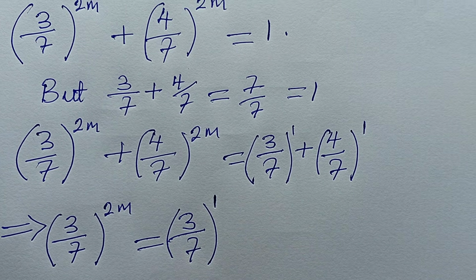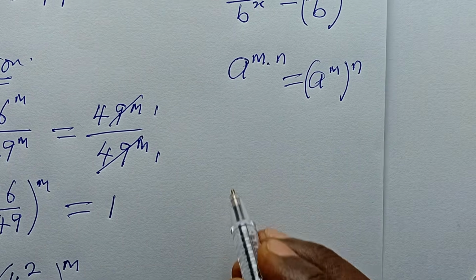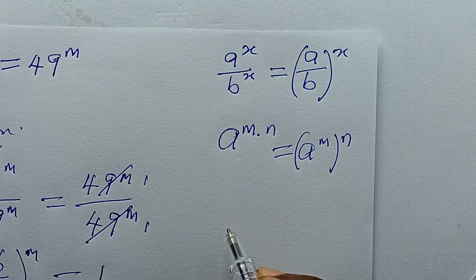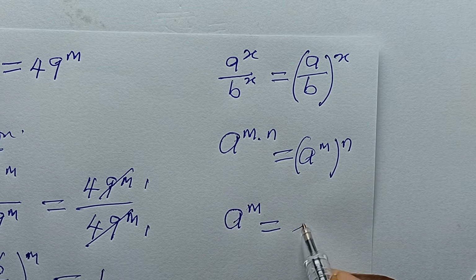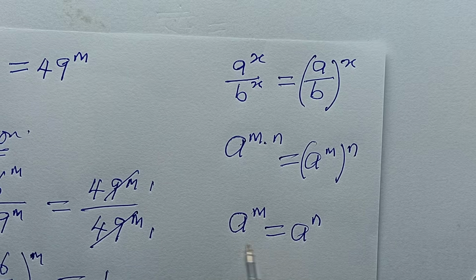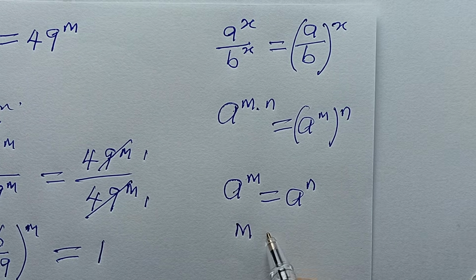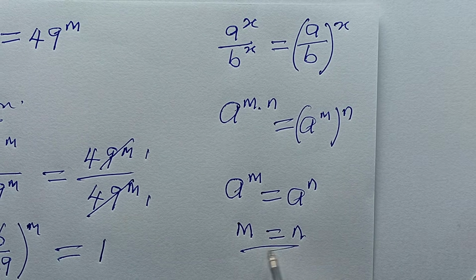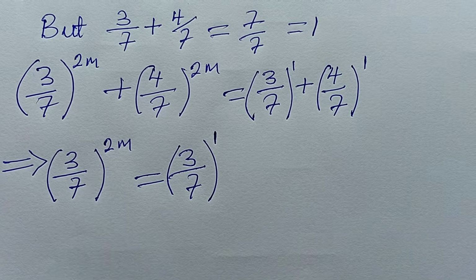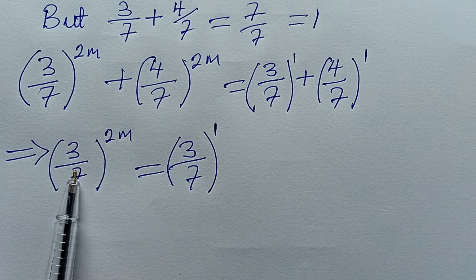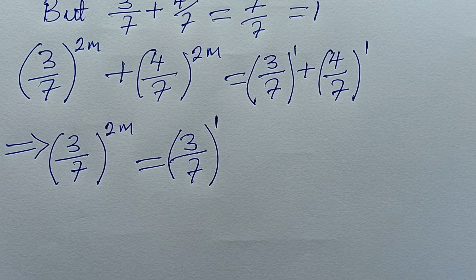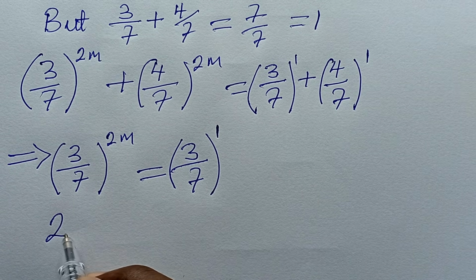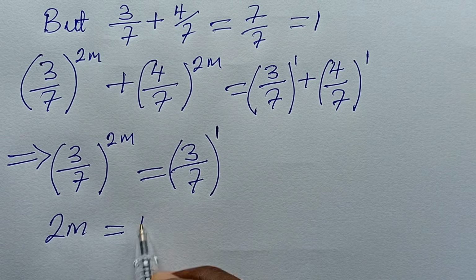And so we can do a comparison here now. We apply the law which says that if you have a to the power of m equal to a to the power of n, since the bases are the same, it also means that m is equal to n. Okay, so from here, we have the same quantity here, the same quantity here. And so we can equate the exponents. And so this is going to give us 2m is equal to 1.